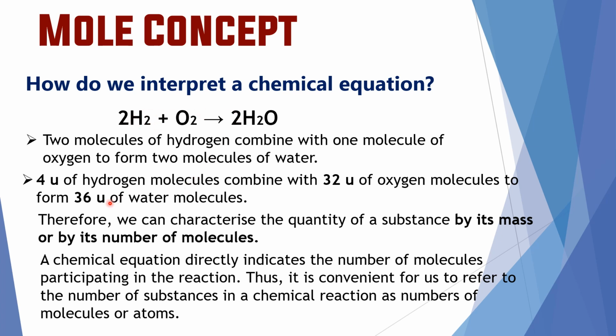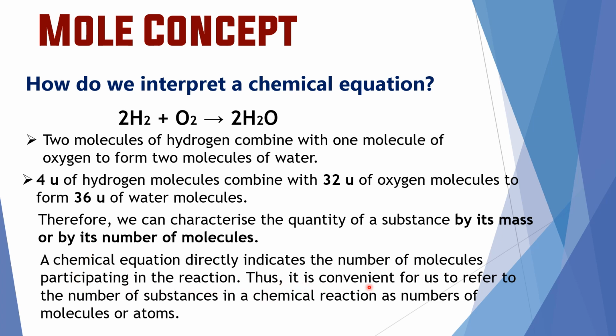If one doesn't know the mass of hydrogen or oxygen, he cannot calculate the mass of 2 molecules of water. But from the equation, the numbers are very clear, so that is easy.